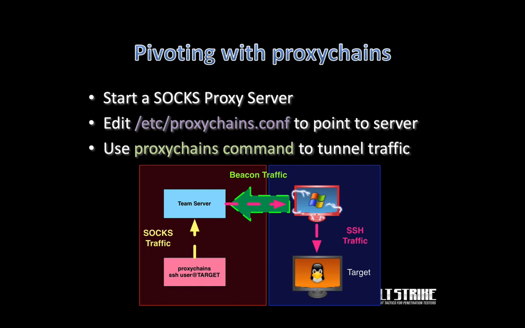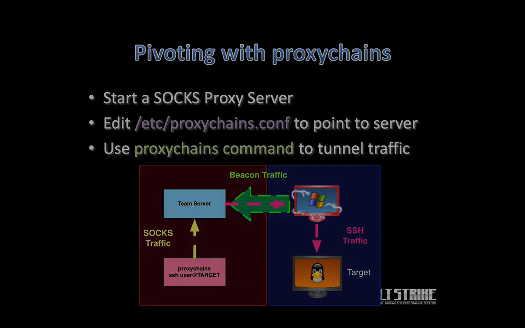To use proxychains, open up /etc/proxychains.conf in your favorite text editor, go to the bottom, and point it to your beacon SOCKS proxy server. Then you can run proxychains, whatever command you want, and any outbound TCP connections that program tries to make will be forced through the proxy configuration in your /etc/proxychains.conf file.